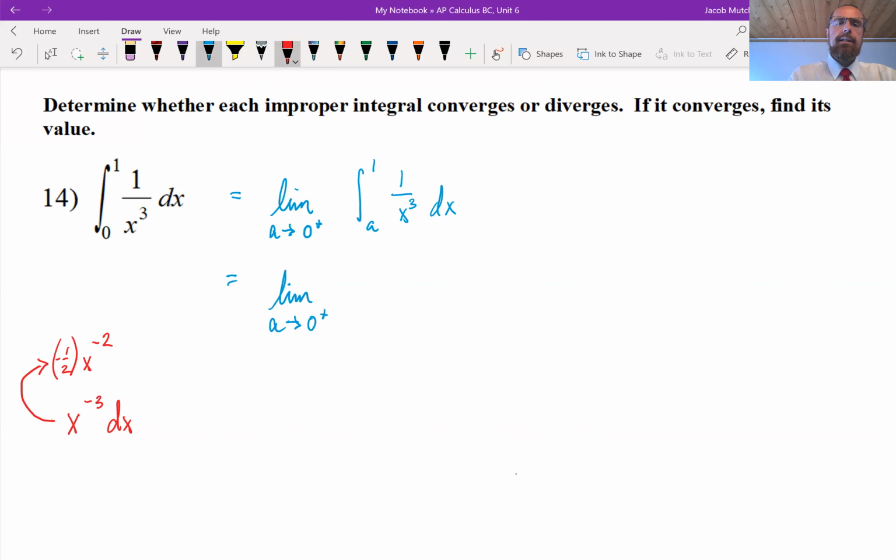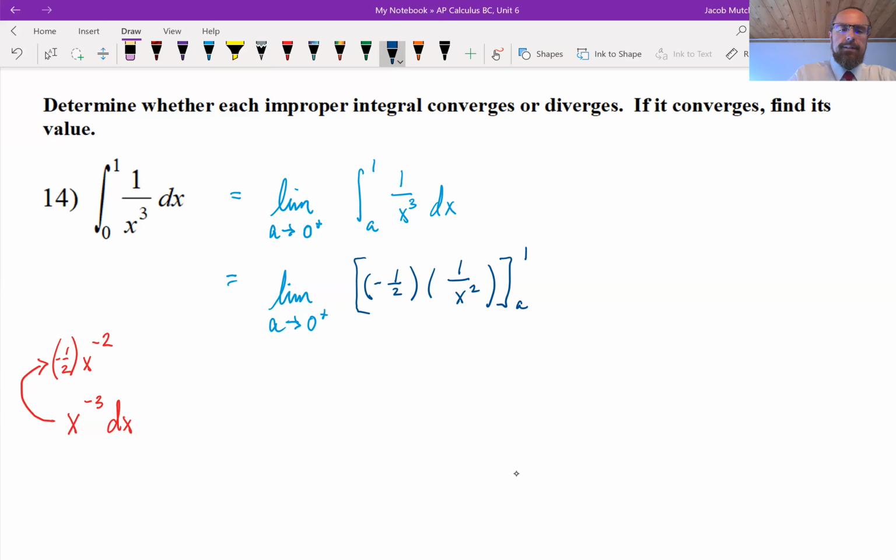So as I integrate now, this is going to be equivalent to -½ times x to the power of -2. And in fact, what I'll write that as is 1 over x to the power of 2. And we're evaluating that from a to 1.